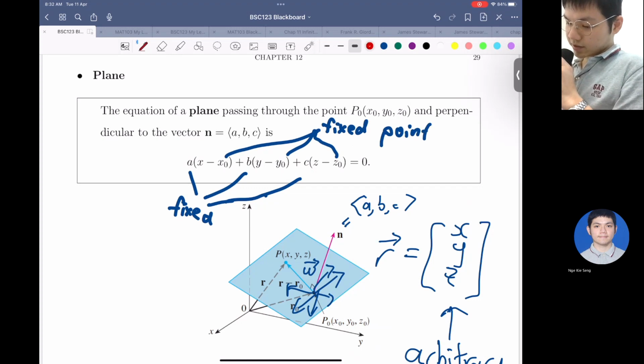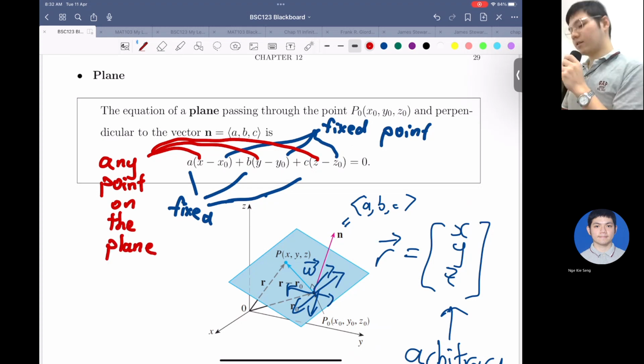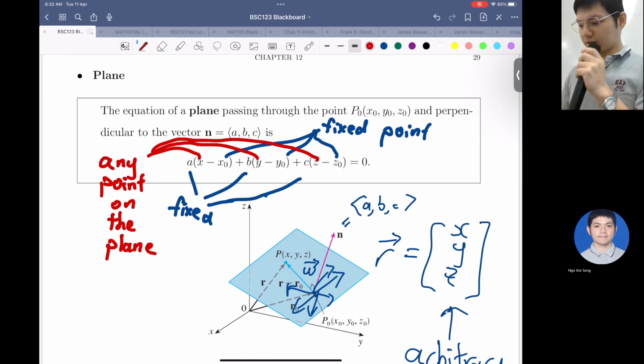The things that are changing are x, y, and z, so these are any point on the plane. Anything that satisfies this equation will be on the plane.